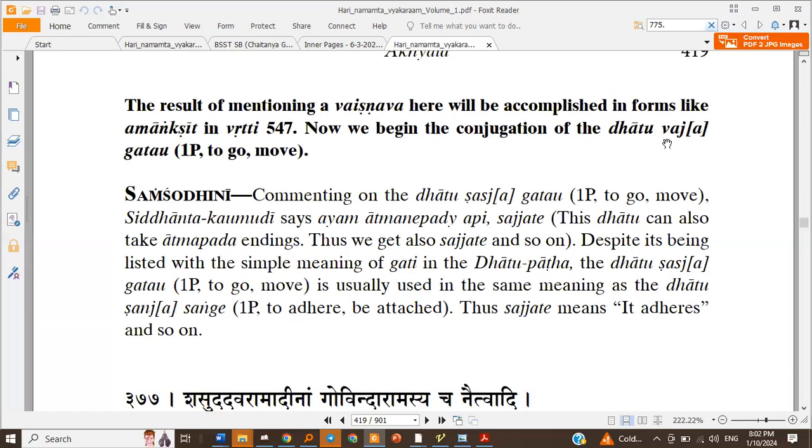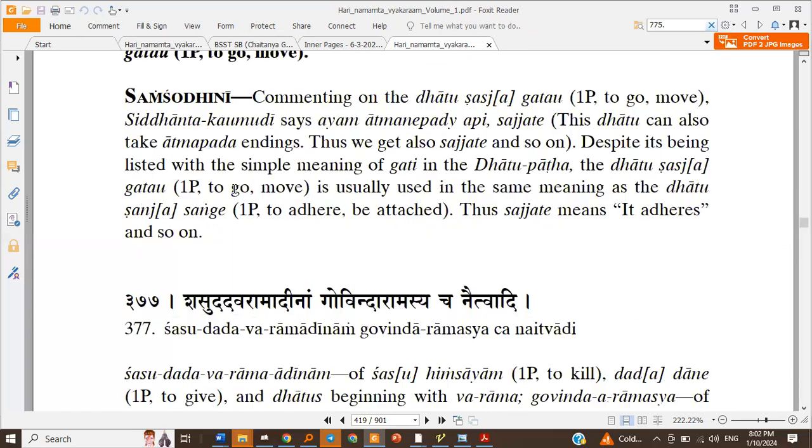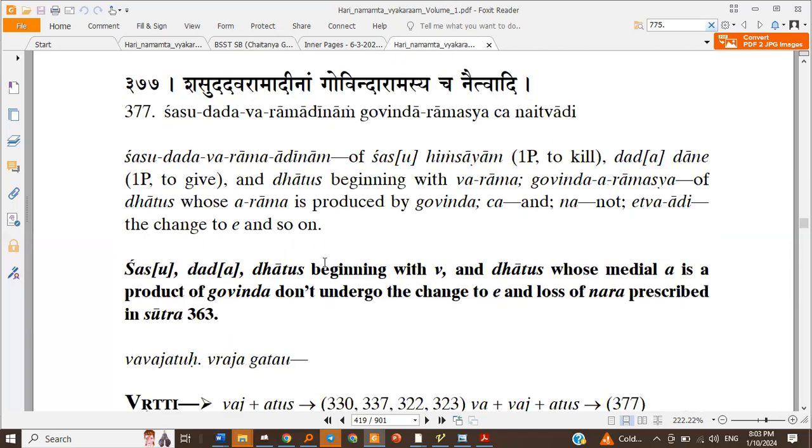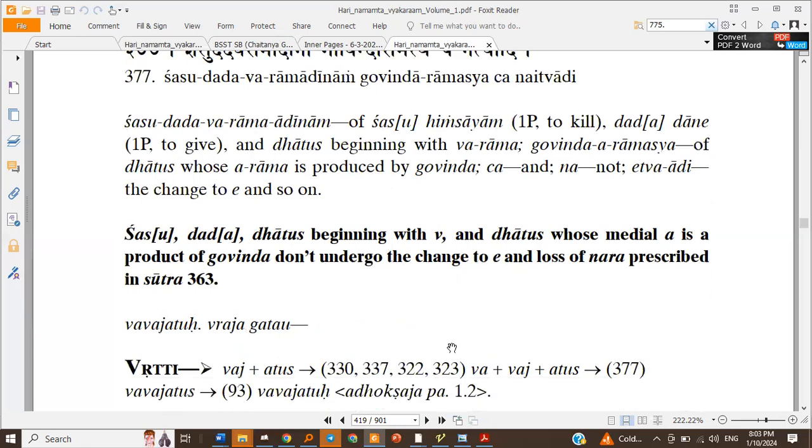Then the next dhatu is Vajagatu. So Shasu Dada Varamadinam Govinda Ramasya Cha Naitvadi. Dhatus beginning with Va, and dhatus whose medial A is a product of Govinda, they don't undergo the change to A and loss of Nara prescribed in Sutra 363.